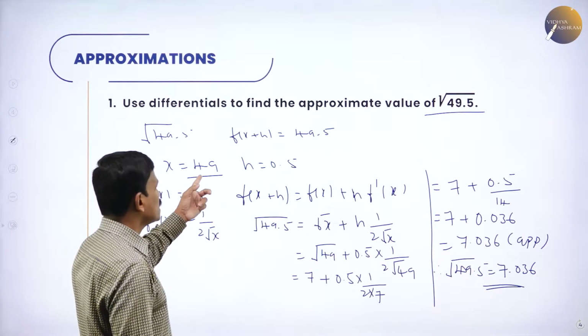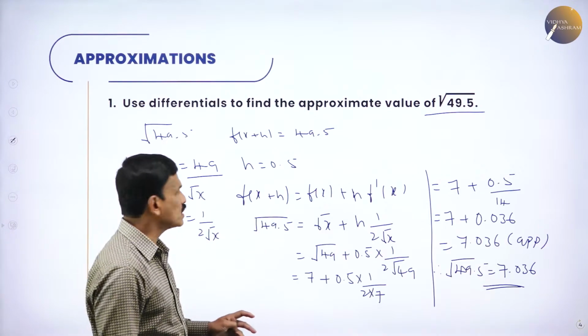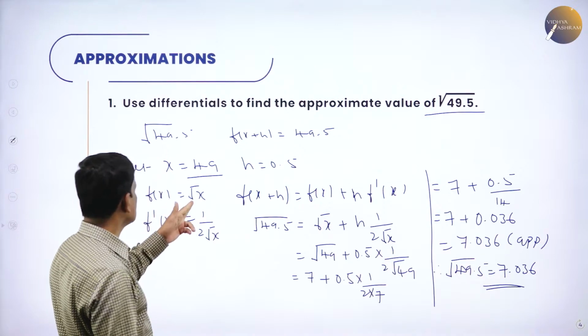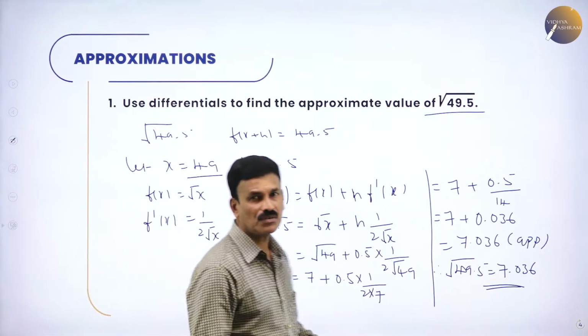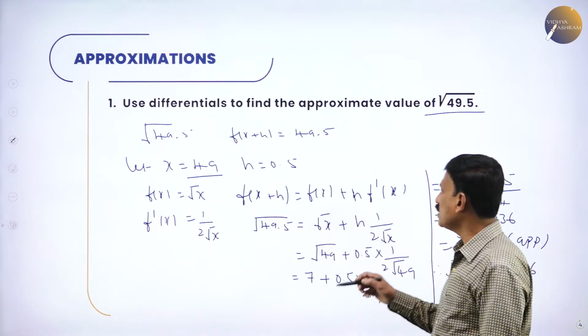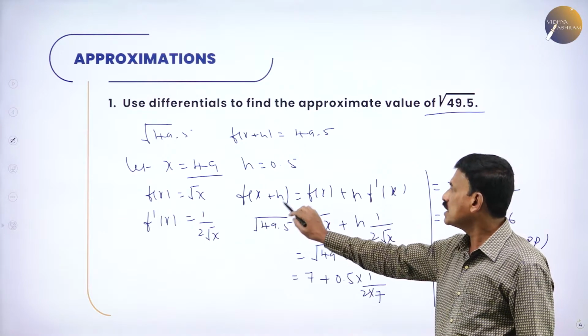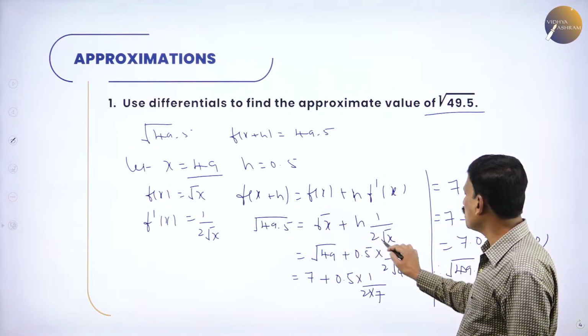That's it. Let us take x is equal to 49. The nearest square root value is 49 and h is equal to the difference, 0.5. Since this is of the form f of x is equal to root x, the differentiation of root x is 1 over 2 root x. Now, what is the formula? F of x plus h is equal to f of x plus h into f dash of x. What is x plus h? Square root of 49.5 is root x plus h into 1 over 2 root x.